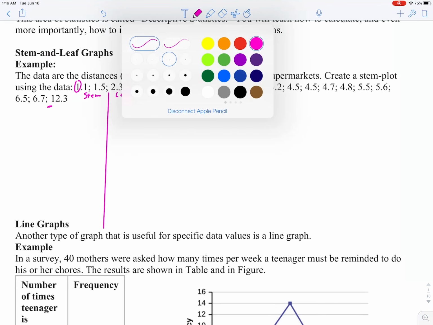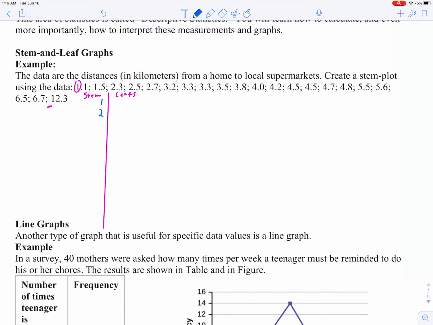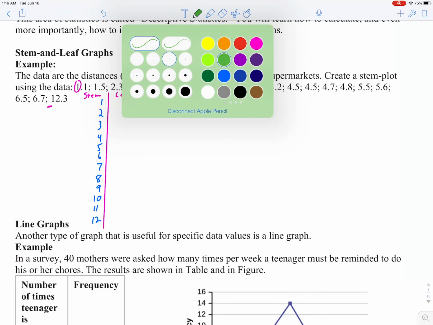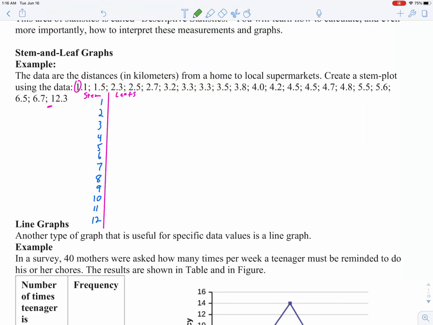So we're going to do it like this. 1, 2, 3, 4, 5, 6, 7, 8, 9, 10, 11, and 12. These are the stems, the numbers to the left of the decimal point. The leaves are going to be the tenths place of all these digits.